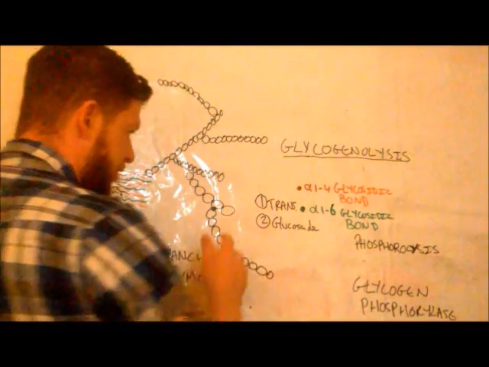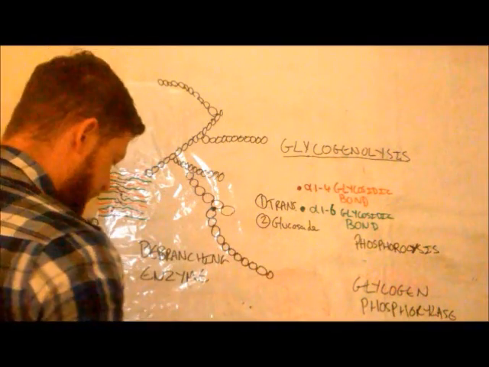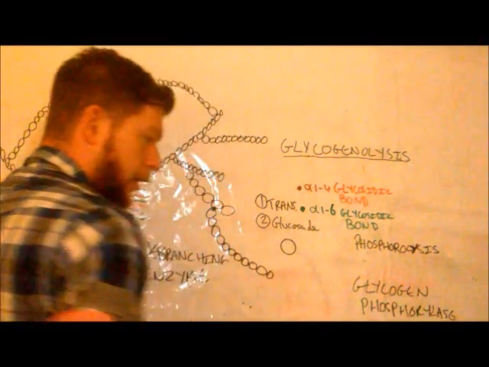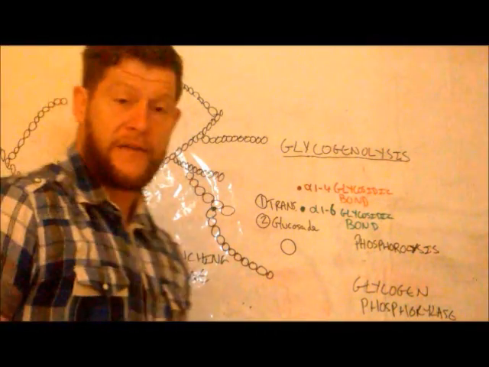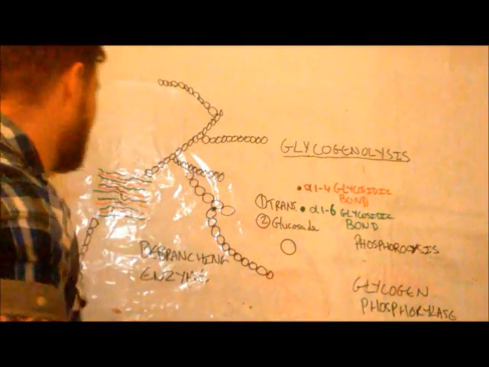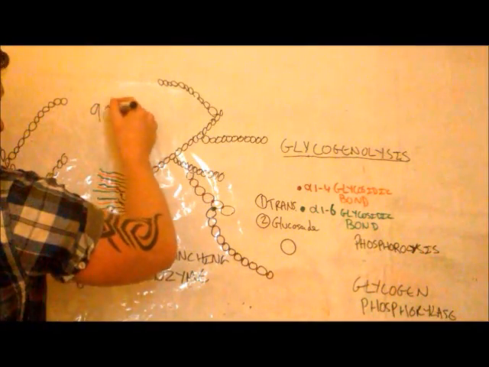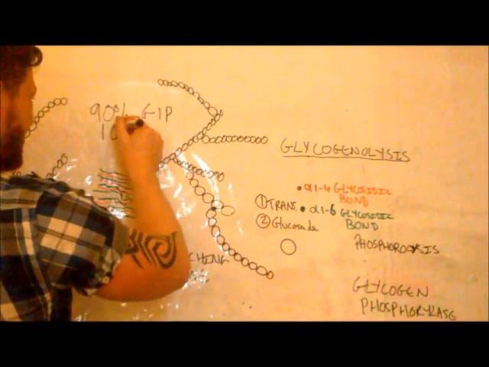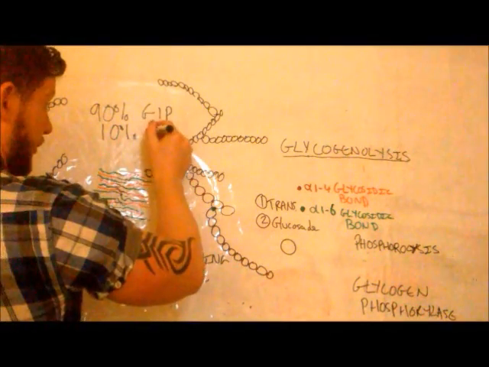And because of that, instead of getting a glucose 1-phosphate, we actually just get a molecule of glucose. What this means is that when we have a glycogen, basically 90% of what we get from glycogen is G1P, and only 10% is glucose.